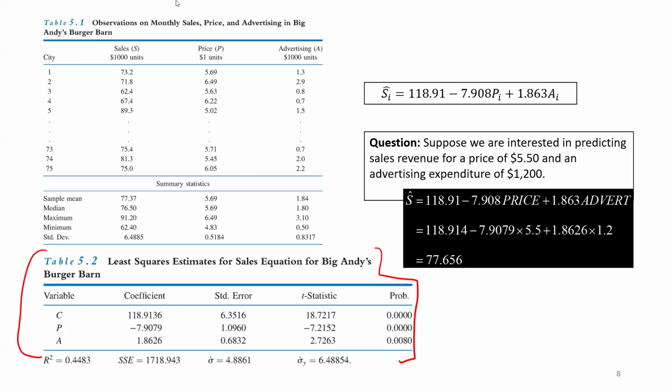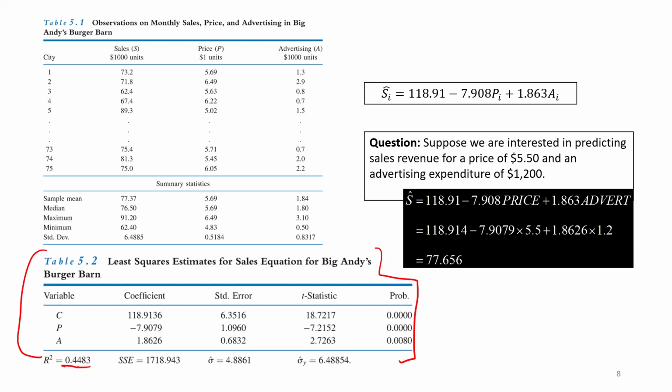So this result means sale equals 118.91 minus 7.9 price plus 1.86 advertisement. Okay, let's interpret this result together.